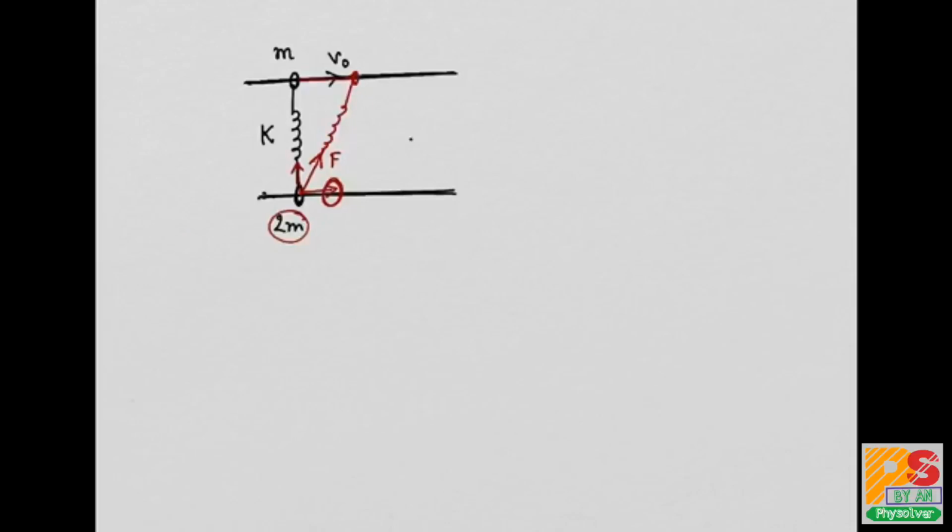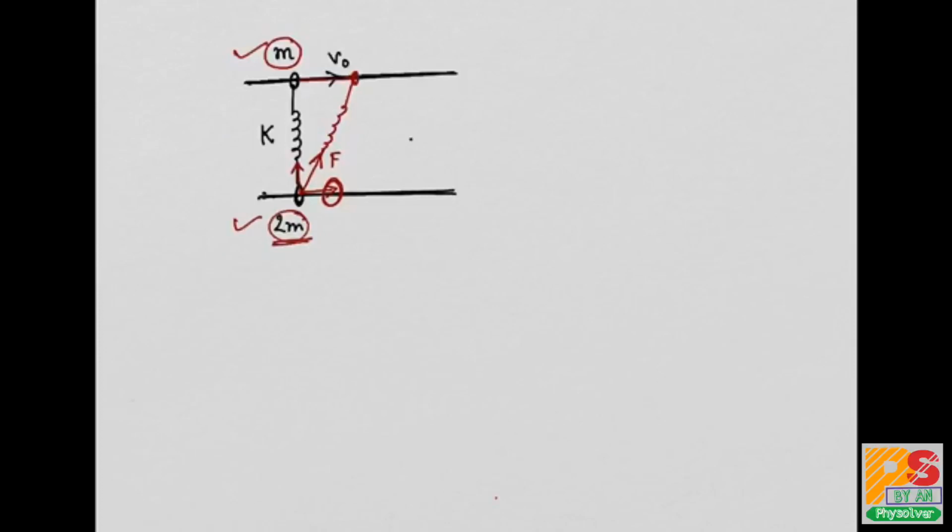Therefore I can say when this small m mass moves towards right, the spring gets elongated and this 2m mass will also start moving towards right with some velocity. And with time I can say the velocity of this 2m mass should also increase, and at a particular moment the velocity of these two masses will be equal.